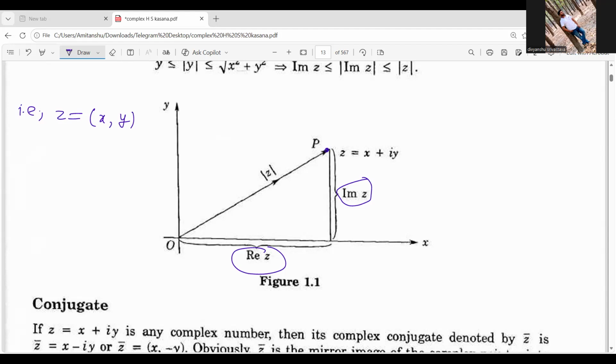So for each complex number, there corresponds one and only one point in the xy plane, and conversely. So this plane is called the complex plane or Gaussian plane or Argand plane. These planes are called what?